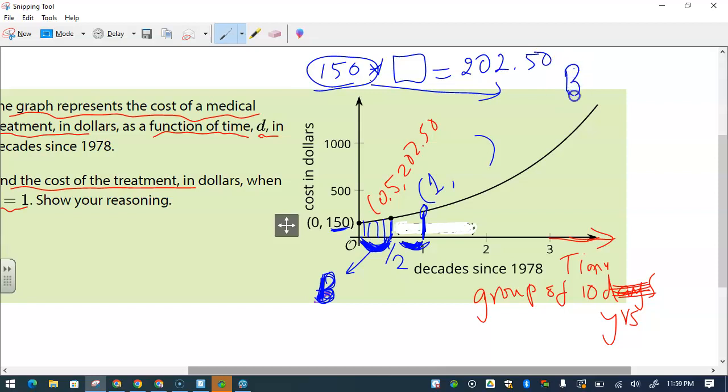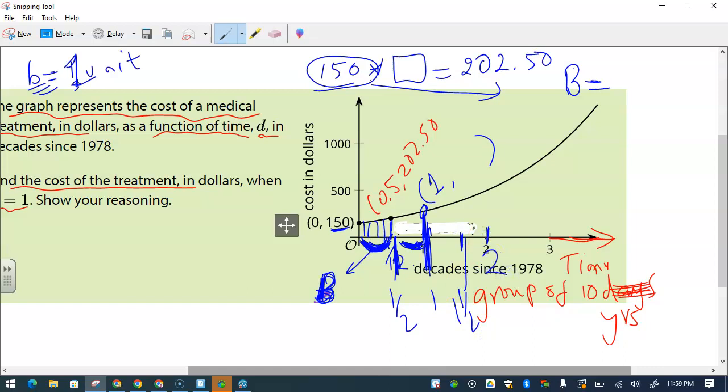So that uppercase B I use because the lowercase b I always use for an interval increase of 1 unit, the growth rate for an increase of 1. But here there is a half. So this is half, this is 1, this is 1.5, and this is 2.